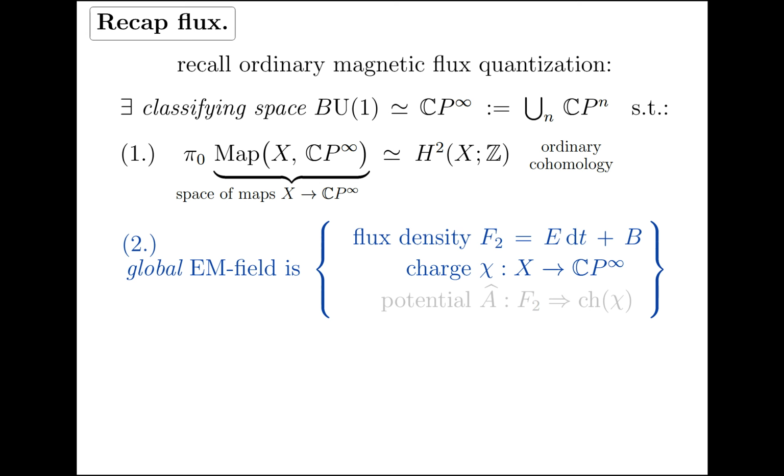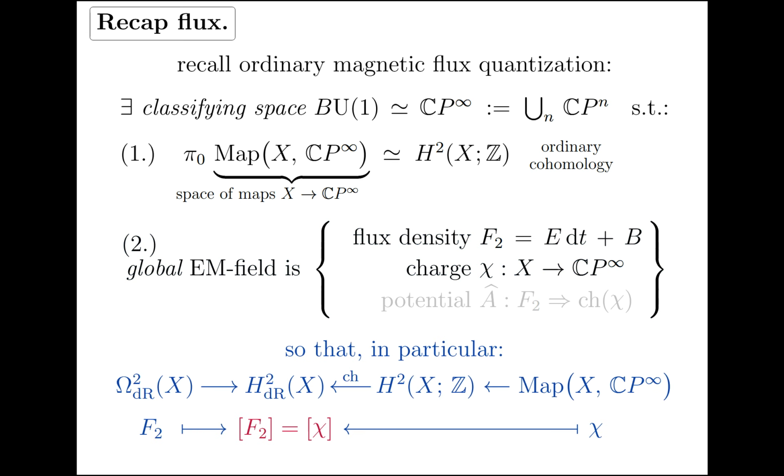So all we need to know is what is the implied condition between the flux density and the charge here. Just focus on the bottom line. The first line just says where our objects live. The second line says on the left that from F2, from our flux density, we obtain this de Rham class, which is in some sense the topological deformation class of that flux, measuring some topologically invariant totality of flux that we have.